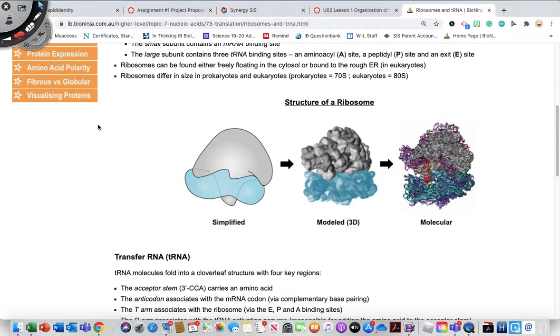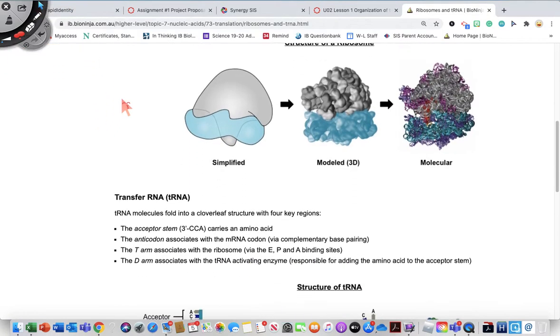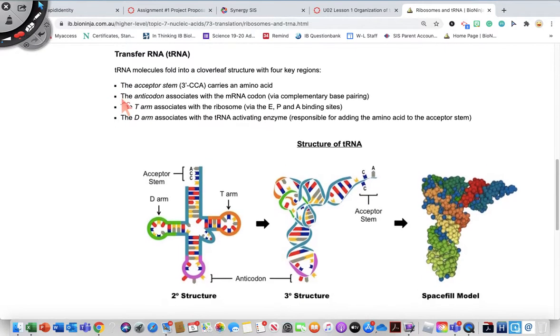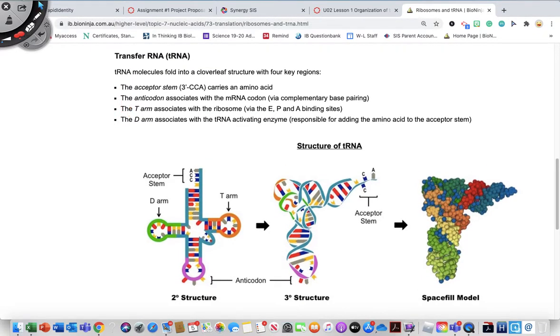So as we move along here, we're supposed to recognize the structure of transfer RNA. And notice that we can look at it in a flat secondary structure. We could look at it in a more three-dimensional tertiary structure. Or we can also look at it as a space fill model. Okay? Either way it's shown to you, you should be able to recognize it.